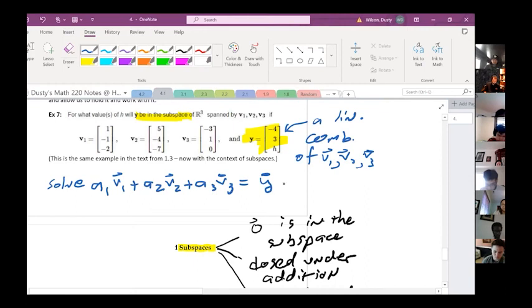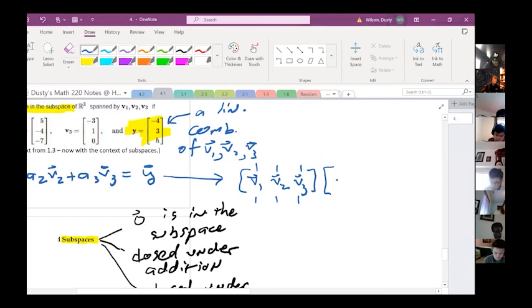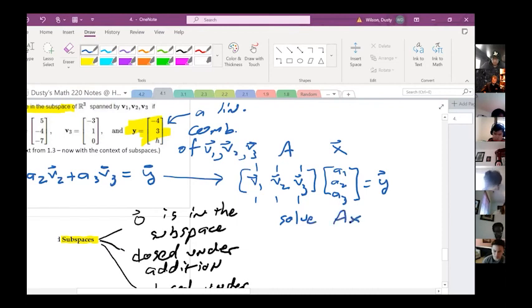We could write this as matrix A, which is made up of V1, V2, V3, times our A1, A2, A3, and we want this to equal Y. This would be like saying we're trying to solve Ax equal to y, which we've done a zillion times using row reduction.